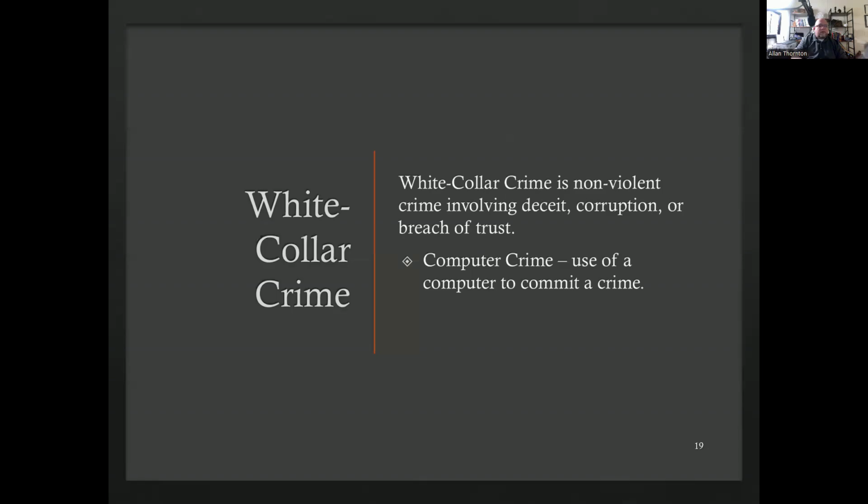Computer crime is one of the newer ones of those, because computers as we see them now are really a kind of recent thing.